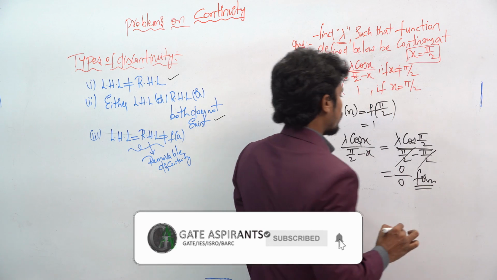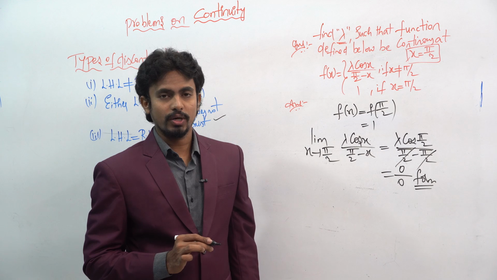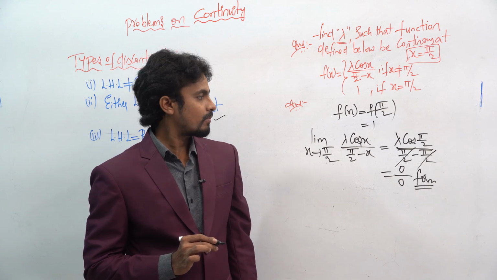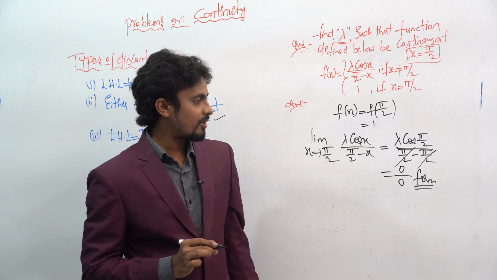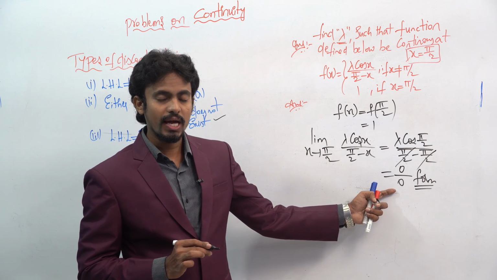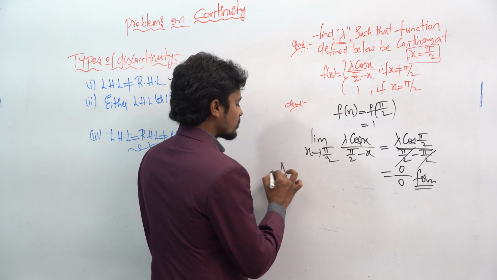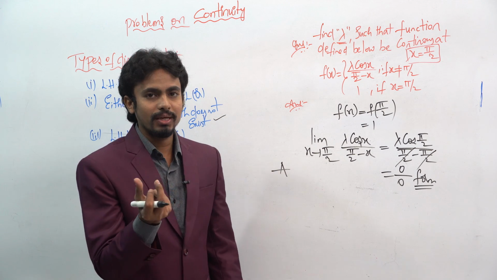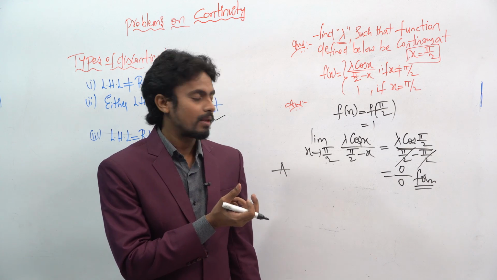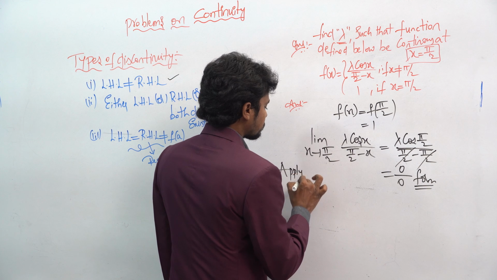You already know from the limits concepts, L'Hospital's rule, indefinite forms. Whenever you get the 0 by 0 form, you have to apply L'Hospital's rule. L'Hospital's rule means simply making the differentiation.